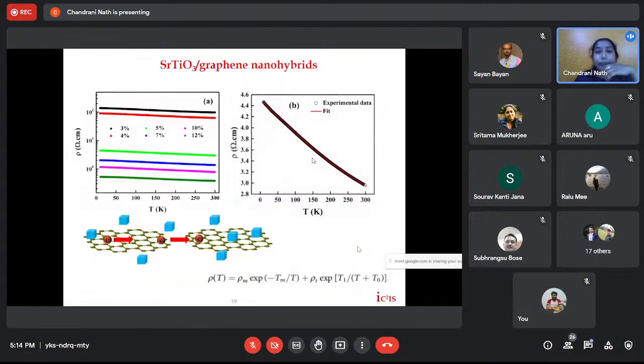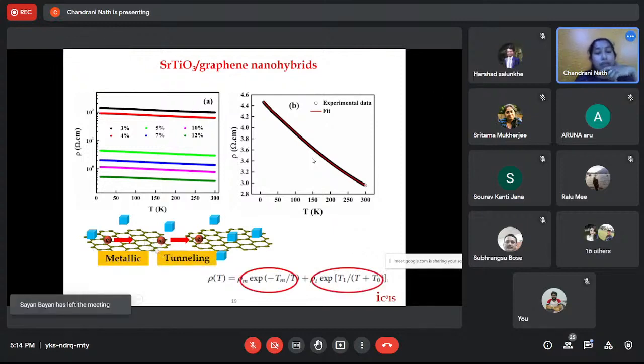From the electrical conductivity plots, the resistivity versus temperature plots, we modeled this mechanism with the heterogeneous model. What we found is that the movement of electrons takes place within the graphene nanoflakes, and electrons also hop from one graphene flake to another.